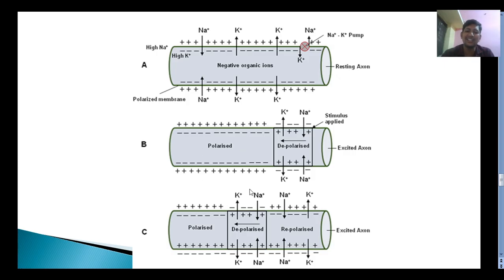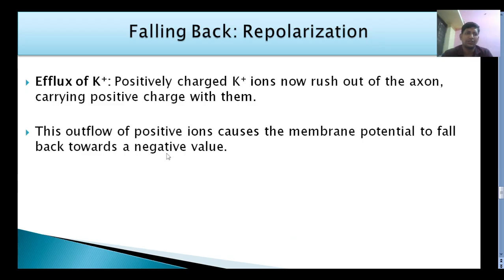So you can see all the conditions: polarized, outside positive, inside negative; depolarized, outside negative, inside positive; and repolarized means once again it has reached the polarized state, because you should remember the opening of sodium ion channels by the stimulus is temporary. So efflux of positively charged K plus ions takes place. They rush out of the axon carrying the positive charge with them, and this outflow of positive ions causes the membrane potential to fall back towards the negative value.